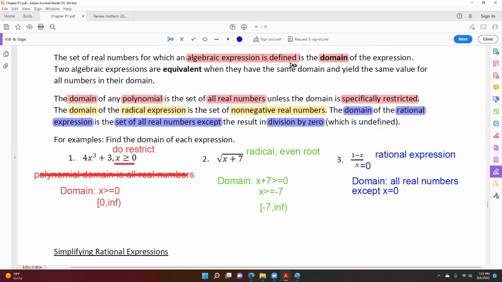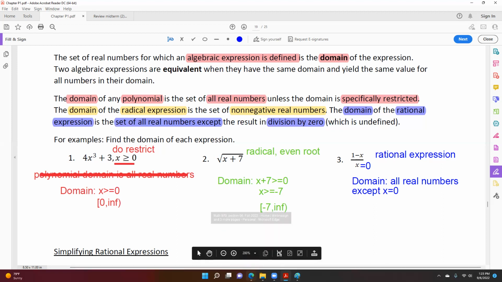The only time you will get an undefined answer, where you cannot find a solution, is when x is 0. In this case, your denominator is 0. So this is how you figure out your domain. These are how we figure out these domains. And later on, when you continue with the chapter 1 work, you will do the domain for that case too. So just learn a little bit of domain.